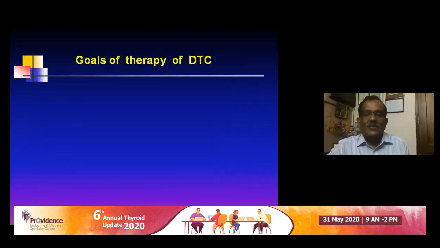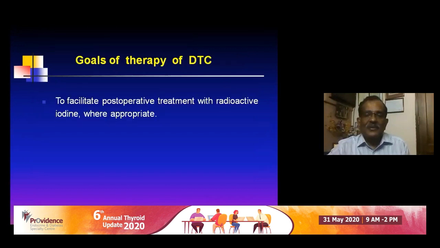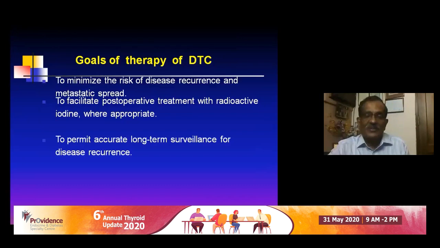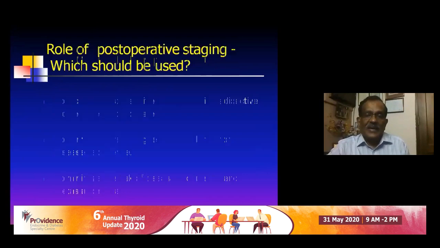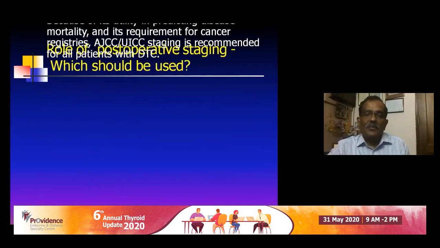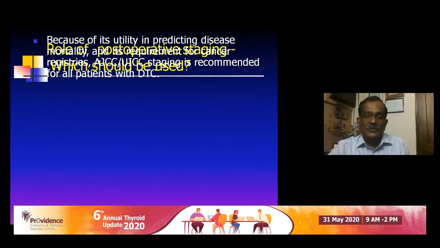What are the goals of therapy of thyroid cancer? Facilitate post-operative treatment with radioactive iodine where appropriate, permit accurate long-term surveillance for disease recurrence, and minimize the risk of disease recurrence and metastatic spread. And what is the role of post-operative staging and how should it be used?